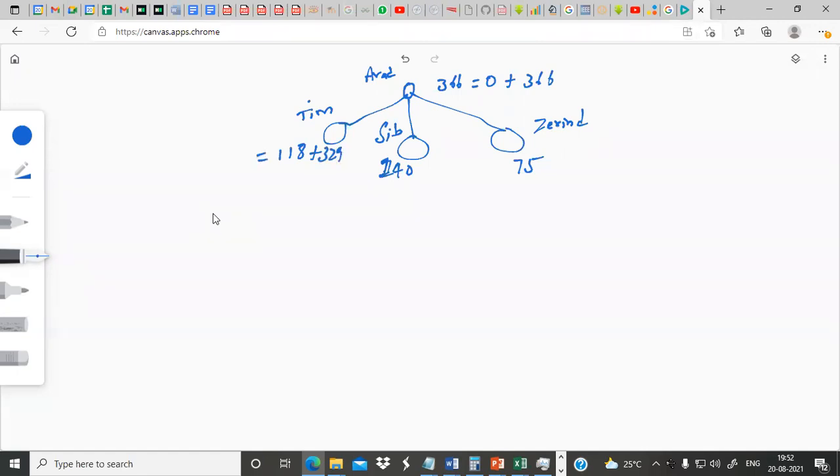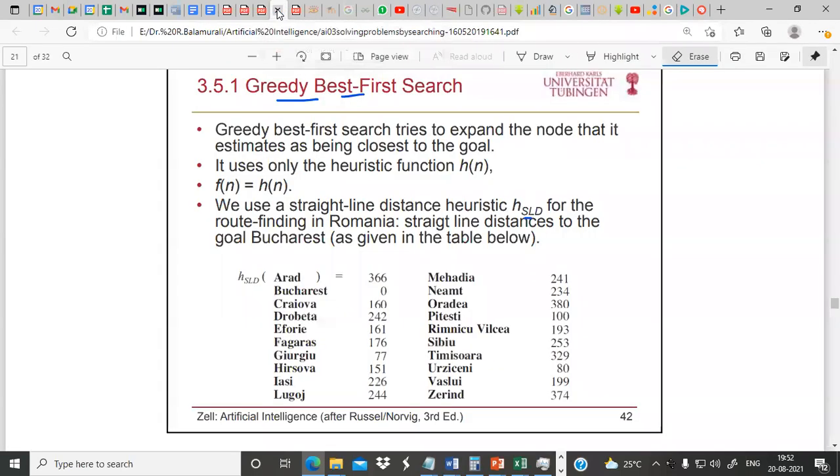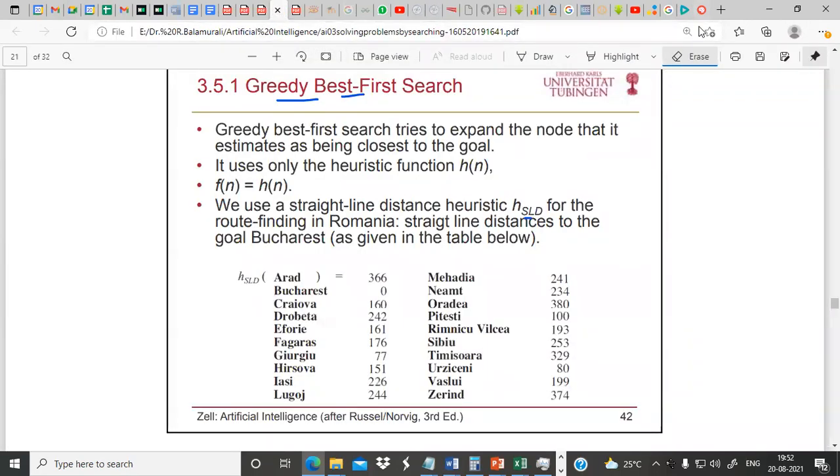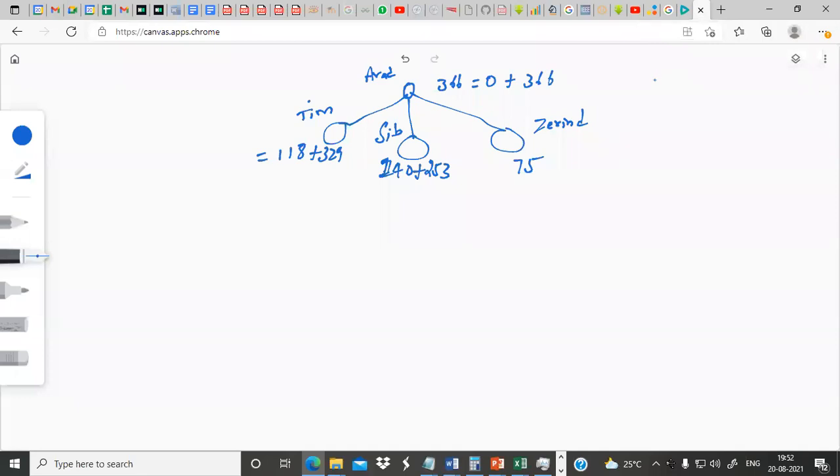And for Sibiu, this is g of n, and what is the h of n for Sibiu? That is the estimated cost of reaching Bucharest from Sibiu. It is 253. So this is 140 plus 253. This is the g of n for Zerind, and what is the h of n for Zerind? That is the estimated cost of reaching from Zerind to Bucharest. So it is 374. So 75 plus 374.